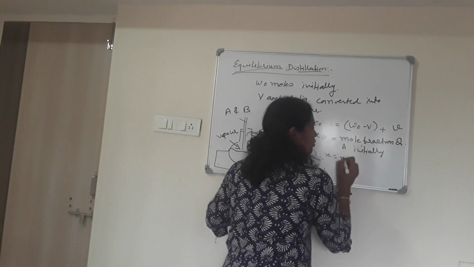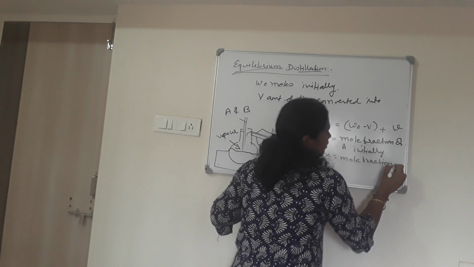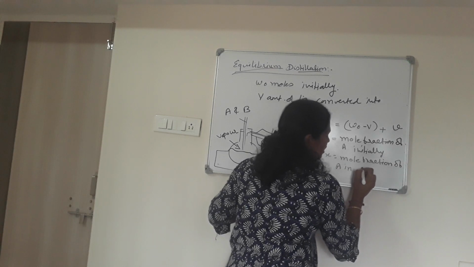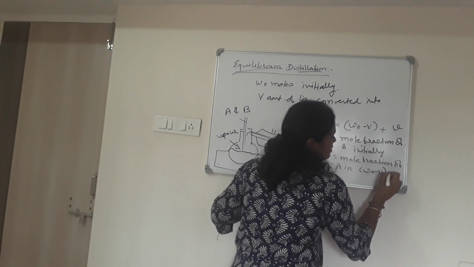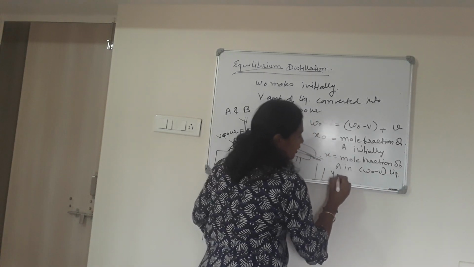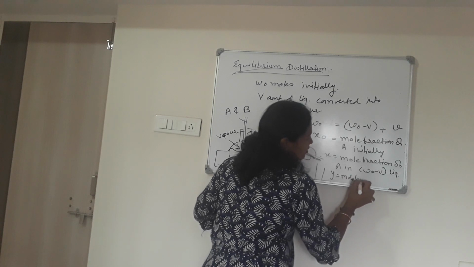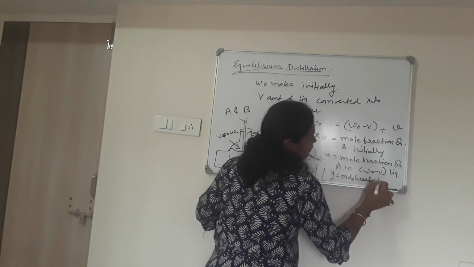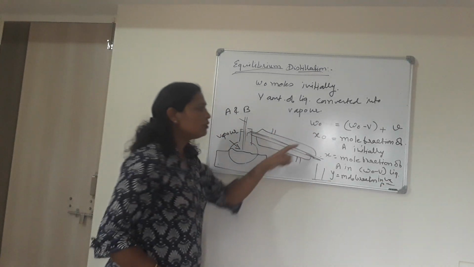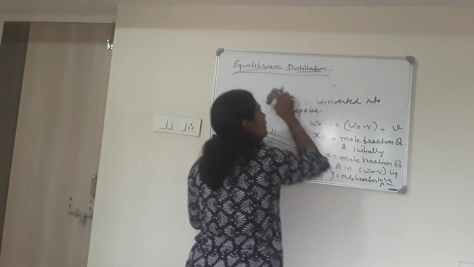X is equal to the mole fraction of A in the W0 minus V amount of liquid, and Y is equal to the mole fraction in the vapor phase. So what we can take here? We can take the MVC balance as we have taken.